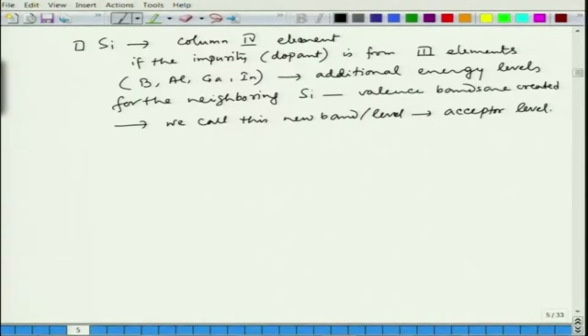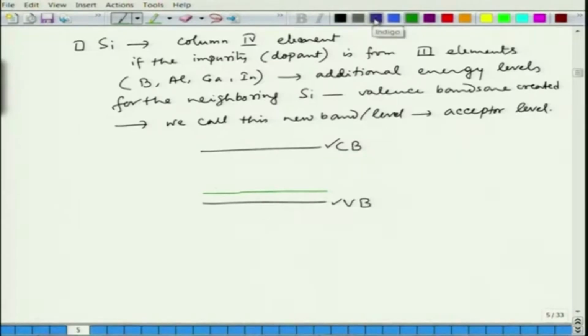Let me explain why we call it acceptor level. Okay. So, suppose this is the intrinsic band structure for silicon, this is the conduction band and this is the valence band. Now, suppose you are doping it with aluminum. It creates an energy level which is close to the valence band.